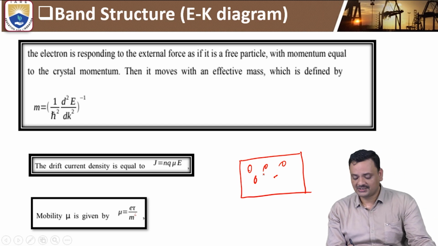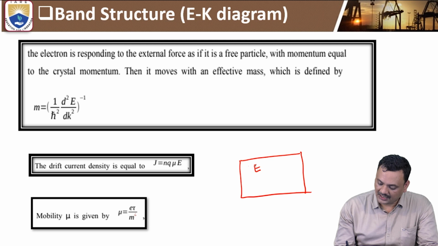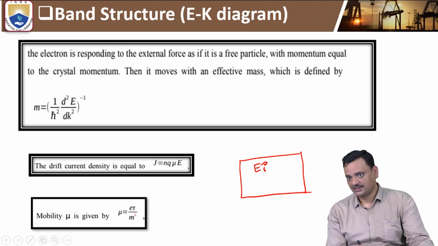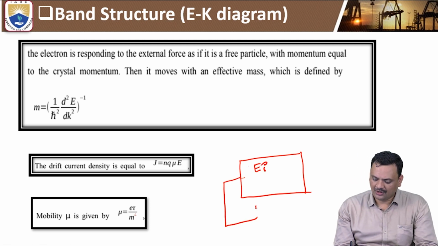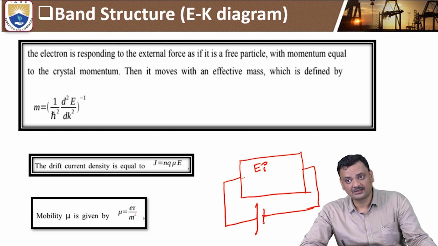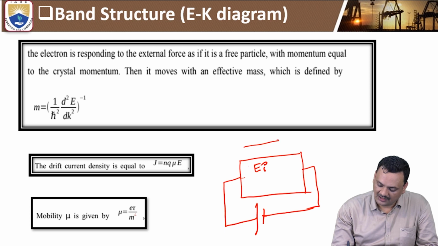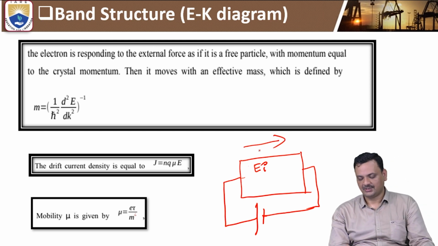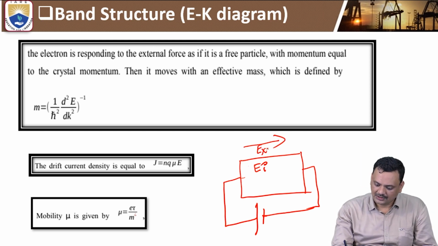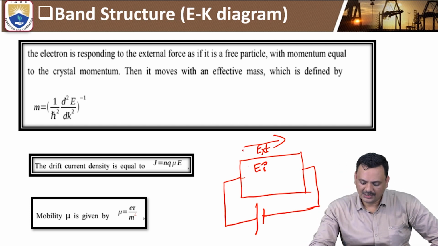Due to these charges, they set up an internal electric field, E internal. And when you bias it, when you connect the terminals of this specimen to a battery, the external field E external is also applied.